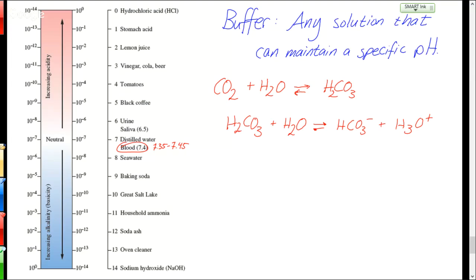So the more carbon dioxide that's in your blood, the more hydronium that gets produced. And as carbon dioxide comes out of your blood, then it goes the other way, and you're actually consuming hydronium. So that's one way that the body can maintain its pH, by making sure that the appropriate amount of carbon dioxide is being dissolved in your blood.